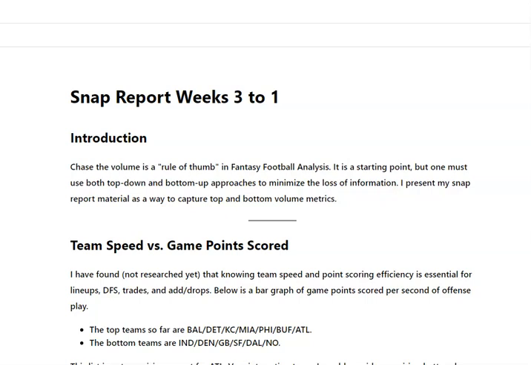Okay, so let's move. Rule of thumb is chase the volume and not the points, not the touchdowns, the volume. And so I believe, and I haven't done the research yet, it's probably a good aspect to do research on, but I think it's a starting point. And if you've heard any of my discussion about top down versus bottom up, streams of data and how both add to the picture.